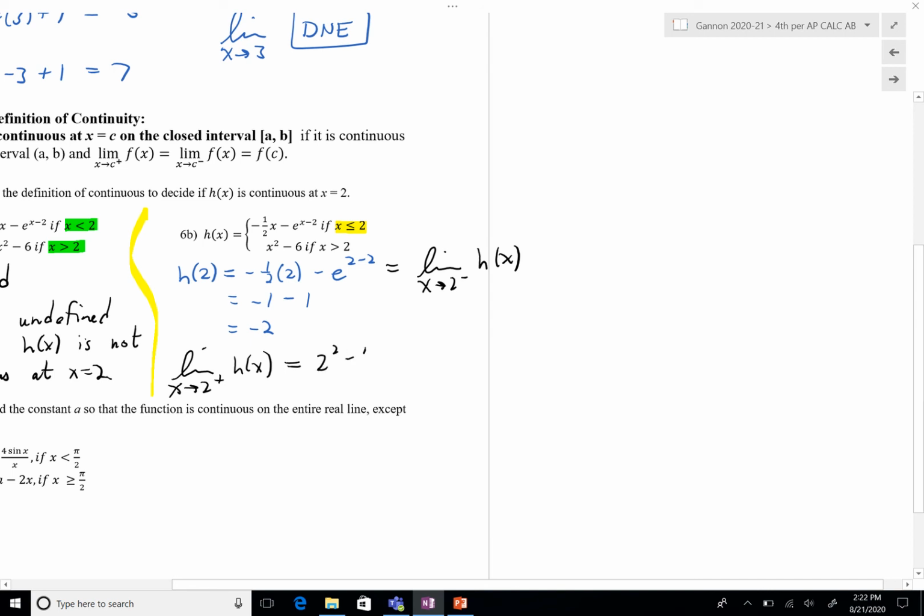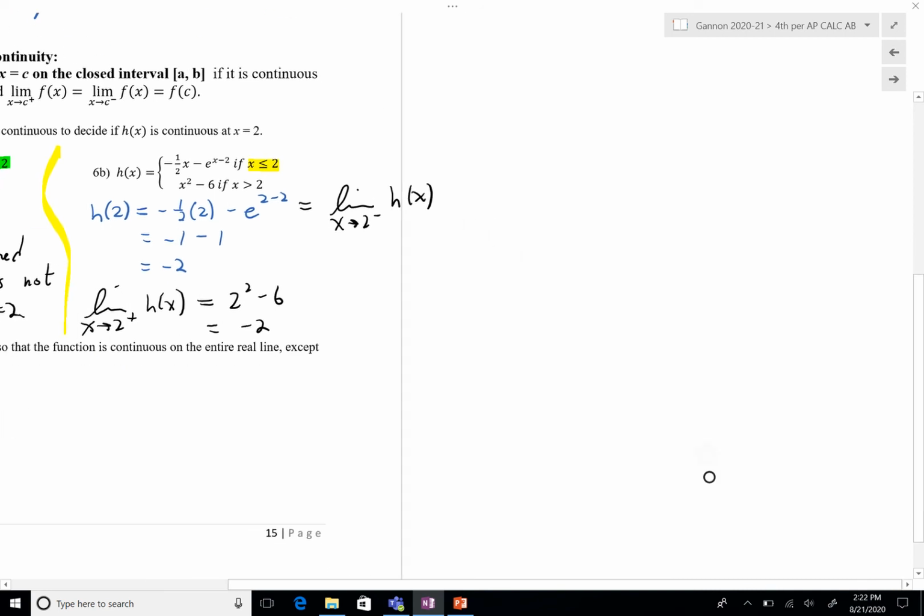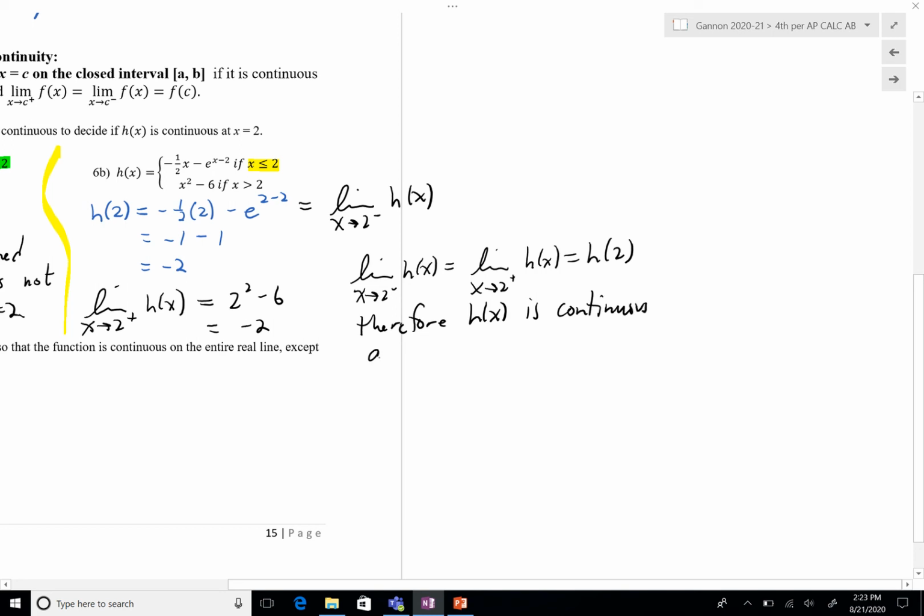So 2 squared minus 6 is negative 2. So what we can now say is the limit as x approaches 2 from the left of h of x equals the limit as x approaches 2 from the right of h of x equals h of 2. Therefore, h of x is continuous at x equals 2. All right, guys, that's going to end part 2 of the video, but look for part 3 that will continue on with these notes.